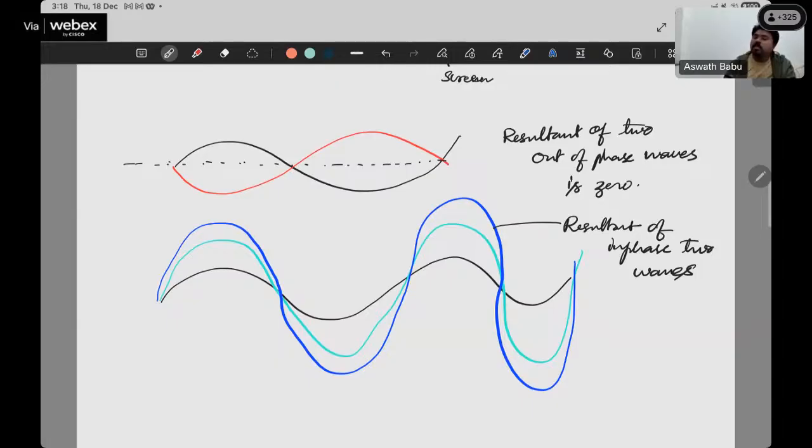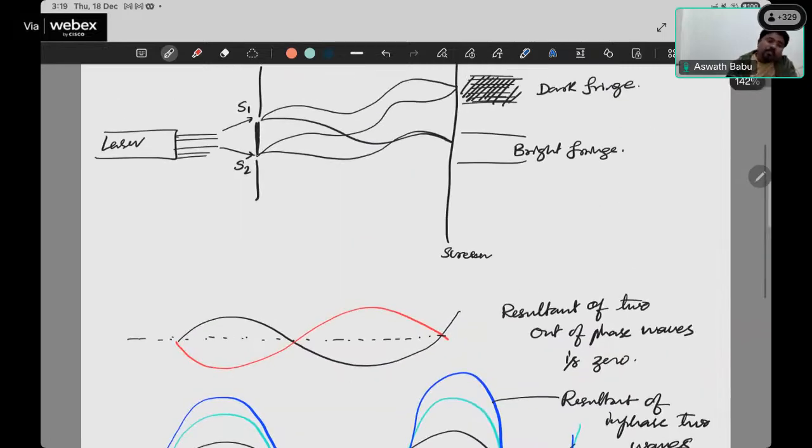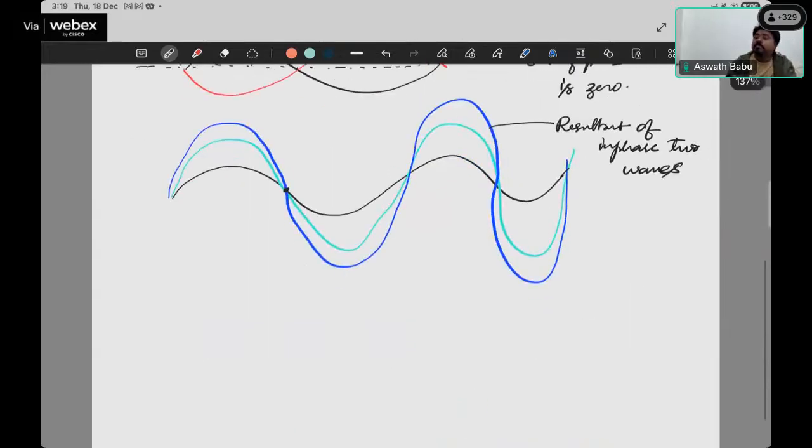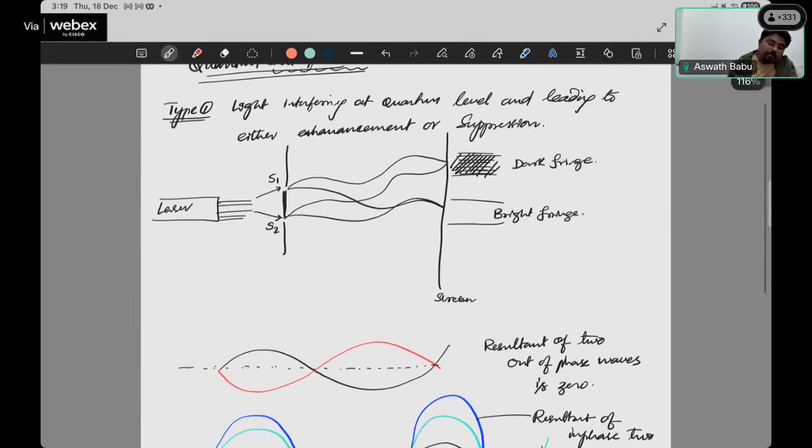Here what we see is constructive interference. At this point they are meeting in phase. So I can ensure that when two in phase waves hit the screen, they constructively interfere, and light gets enhanced at that point. So this is the double slit experiment where light interferes.